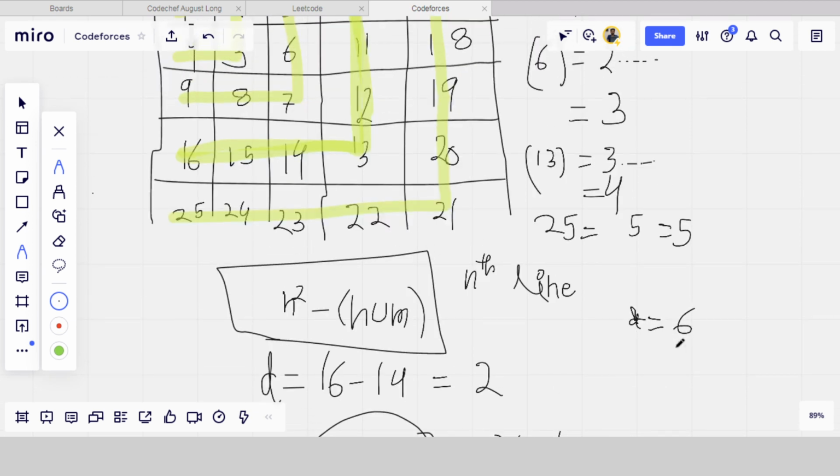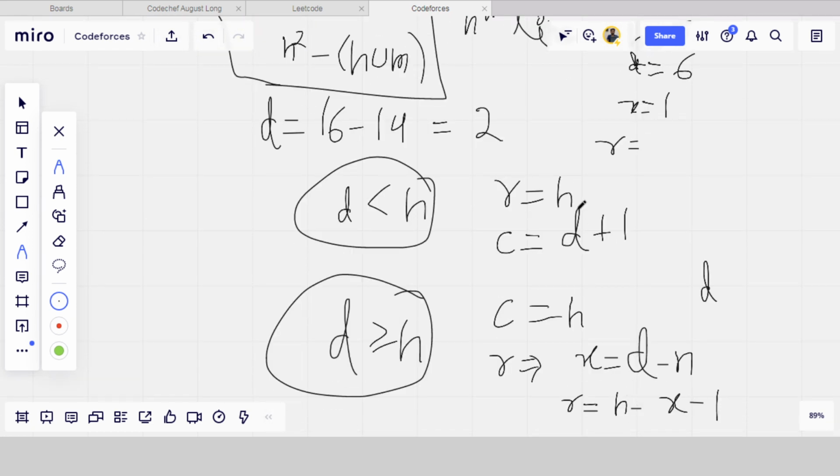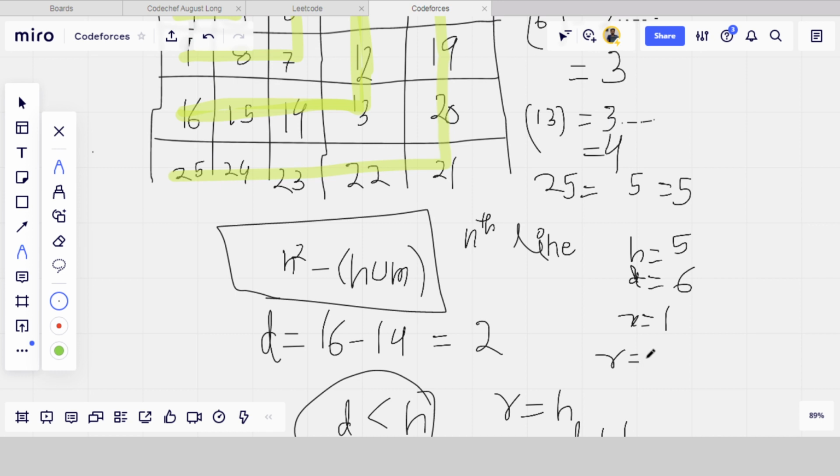We are talking about 19, so n is equal to 5. Now x will be 1. Now r will be n minus x minus 1, so r will be 5 minus 1 minus 1, so r will be 3.